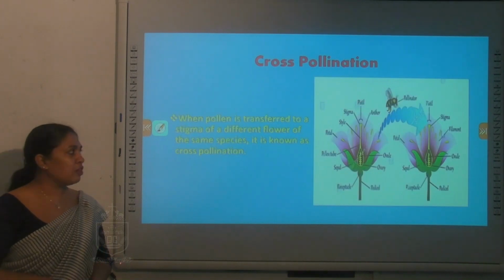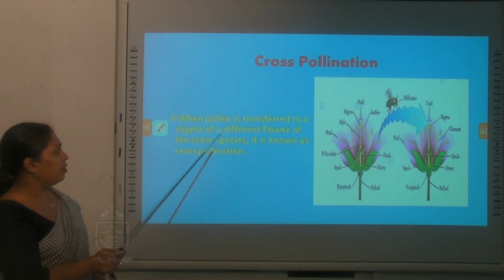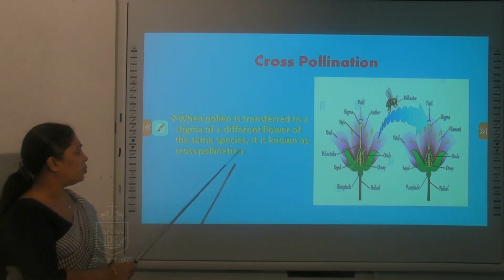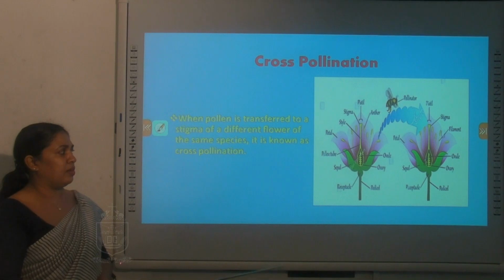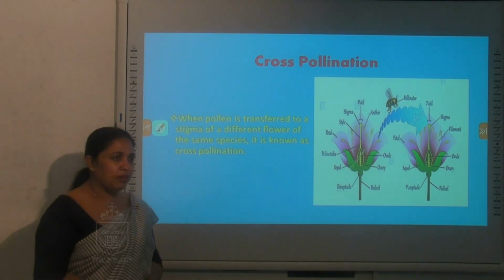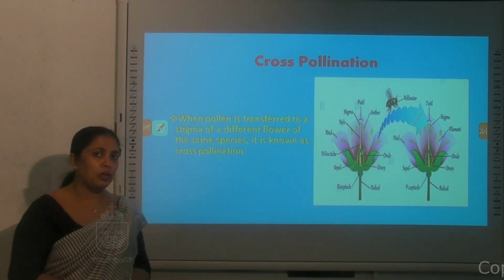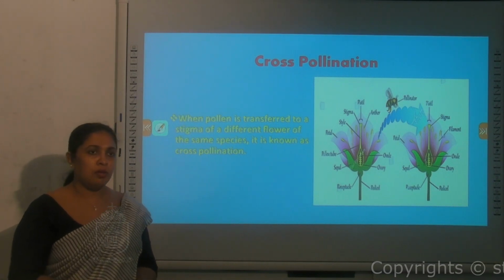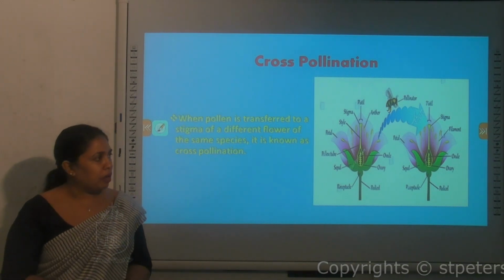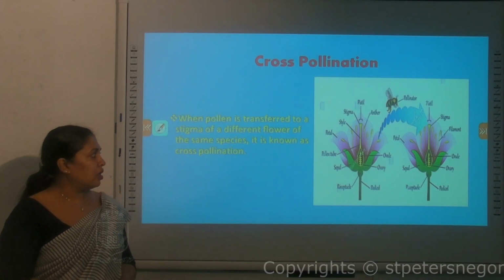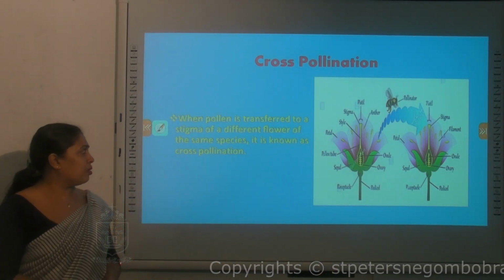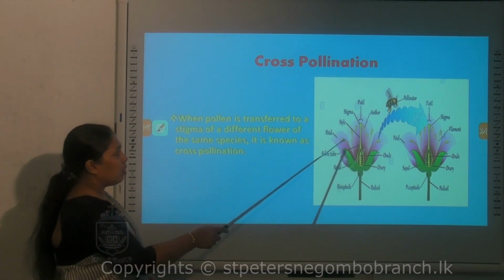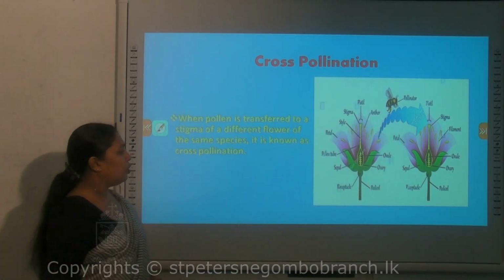And cross-pollination is when pollen is transferred to the stigma of a different flower of the same species. Pollen can be transferred to another species also, because it is done by mosquitoes and also wind, but that is not pollination. When it is transferred to another flower of the same species, it is known as cross-pollination.